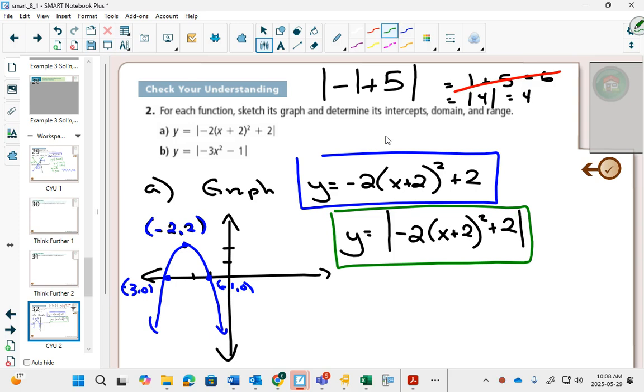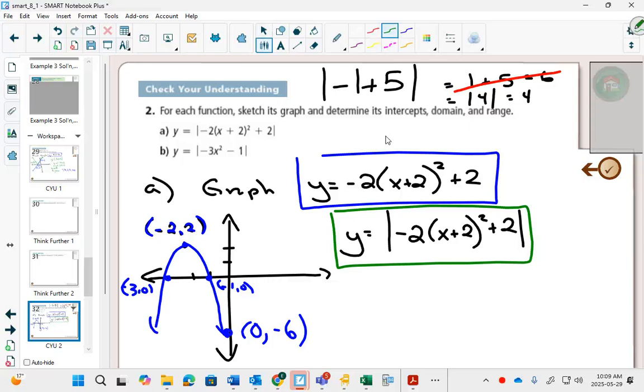So again, what the absolute value would do, and if I wanted to, I could easily graph another point on this. I could include the y-intercept. If I plugged in 0 for x, I would get -6. The absolute value is going to take those negative y values and make them positive.